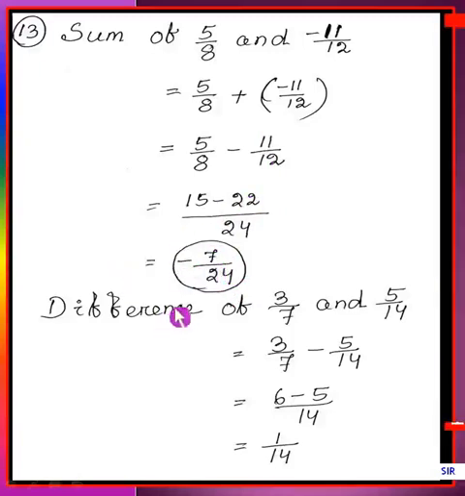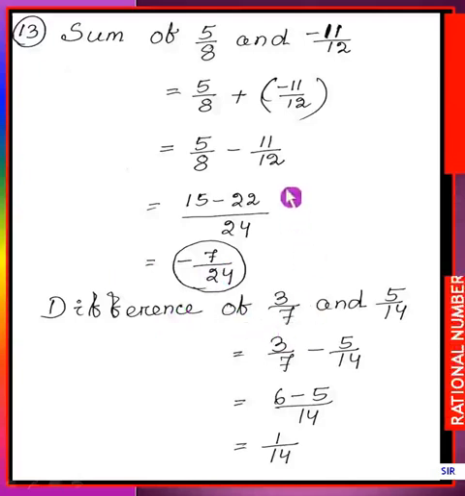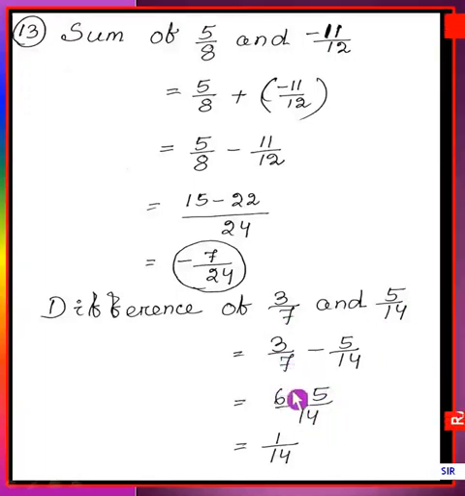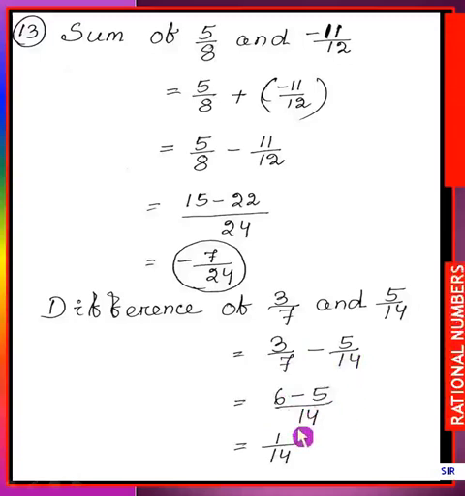Now we have to find the difference of 3 by 7 and 5 by 14 given in the question. Look at your book. 3 by 7 minus, difference means minus 5 by 14, equal to LCM coming 14. LCM of 7 and 14 is 14. 7 2 ja 14, 2 3 ja 6, minus 14 divided by 14 equal to 1, 1 into 5 equal to 5.